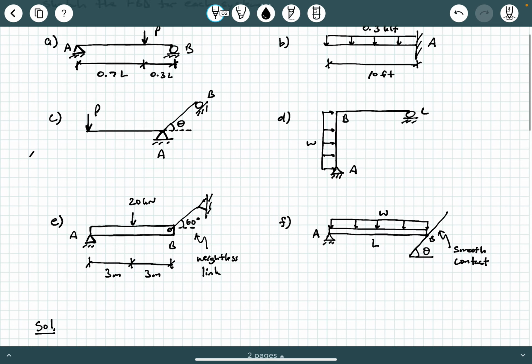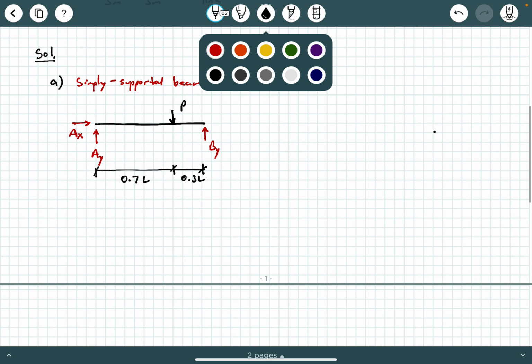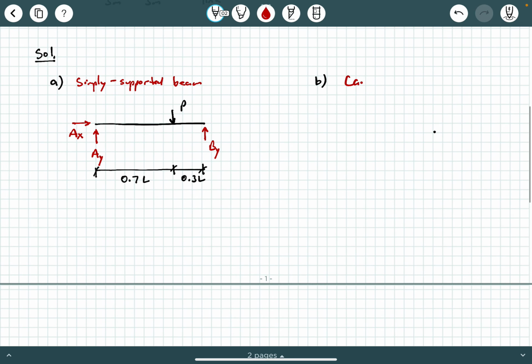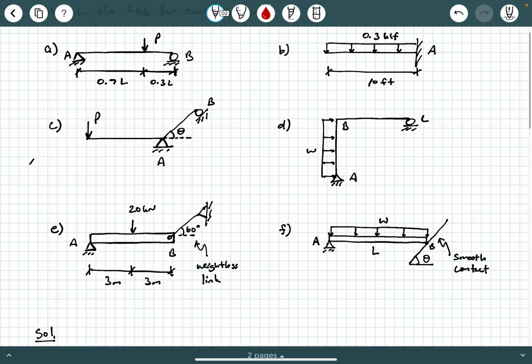So let's go ahead and sketch that out, and I'm going to make sure we label this. This is a cantilever beam, okay? And we're going to go ahead and sketch that geometry out. And at that right support, we're going to have an AY, an AX, and a moment reaction at A. So those are the unknown reactions.